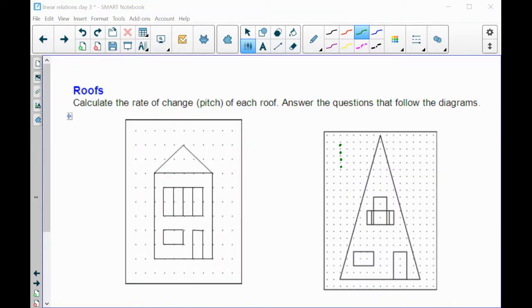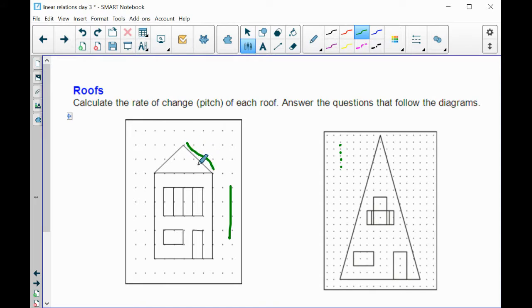So now we have some dot graphs here, and we've got houses drawn in them, and we want to calculate the pitch of each roof. So let's look at this house first. The pitch of the roof is the slanted part, right?